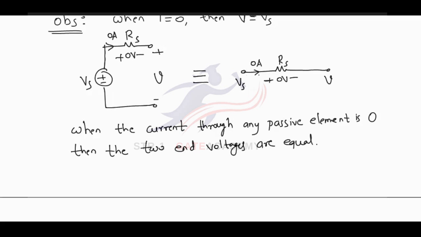For example, here when the current is 0 across Rs, the end voltages are Vs and V, they will be equal. This is a very important observation and it is used extensively in the problems.